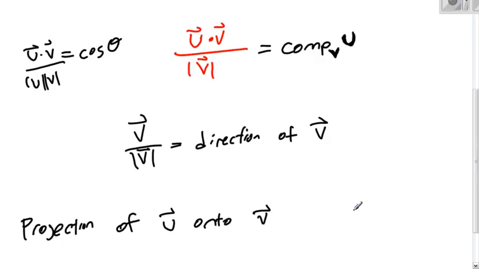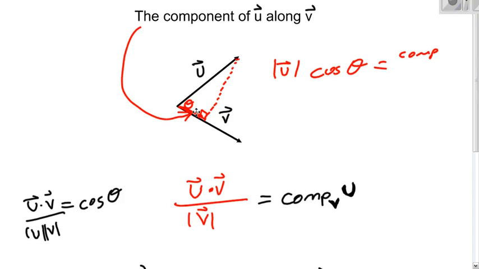So now it has that length of the component, but also the direction of v. So you're taking this here, but you're making it a vector. That's the projection.